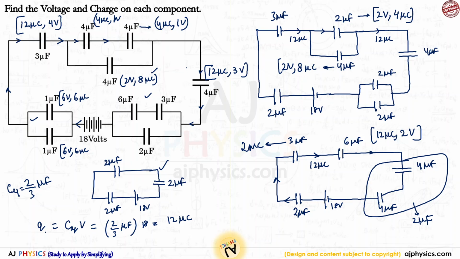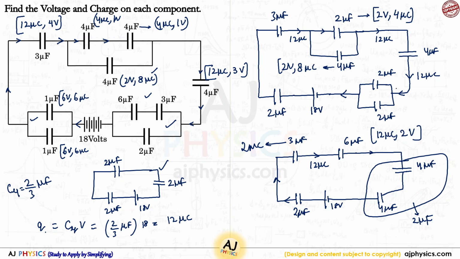Okay, now let's come to the other portion. Now this one is left. Okay, when we saw the circuit, the 12 microcoulomb charge has to come from here, and it has to enter the circuit.